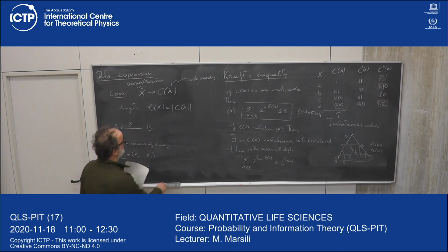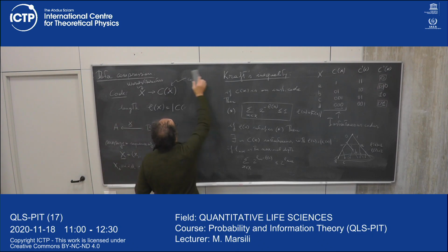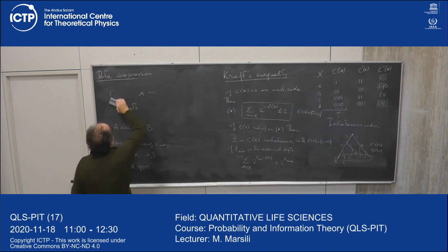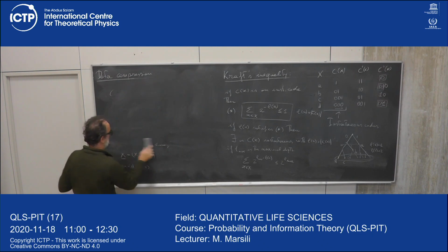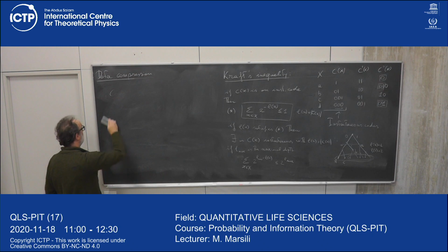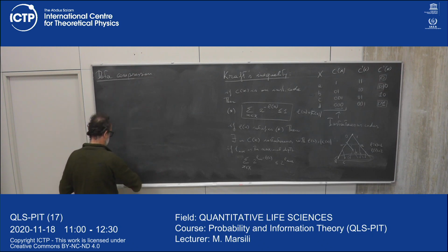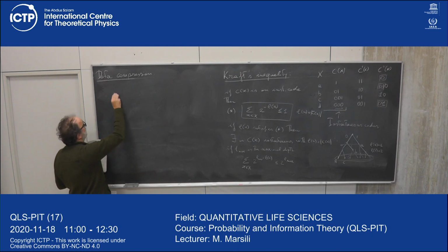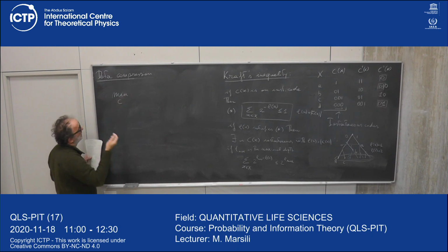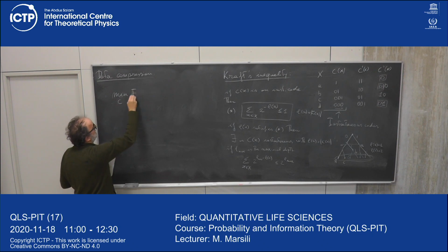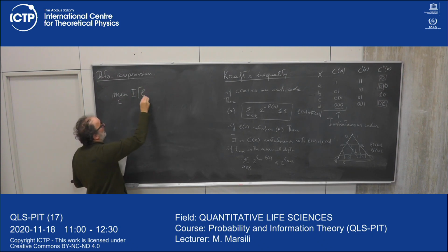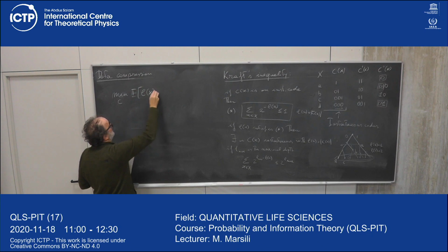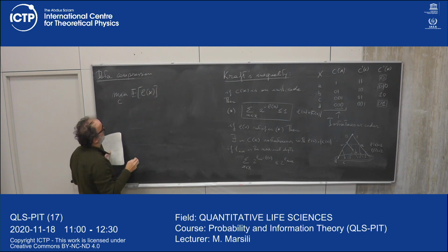Now, essentially, we can go back to the problem of optimal coding and see again how we can solve it. So the problem of optimal coding is the one of finding the code that minimizes the expected value of the length of the code word.